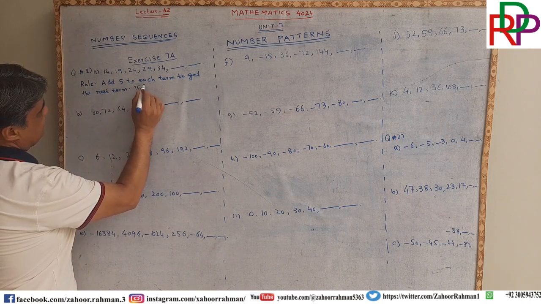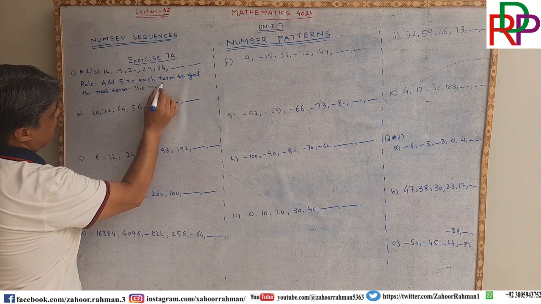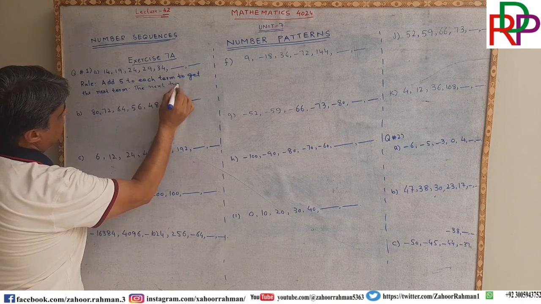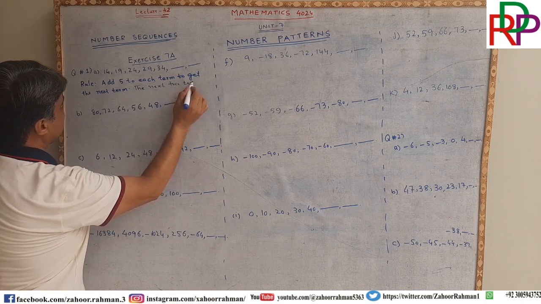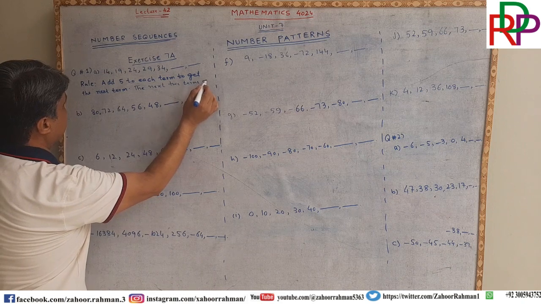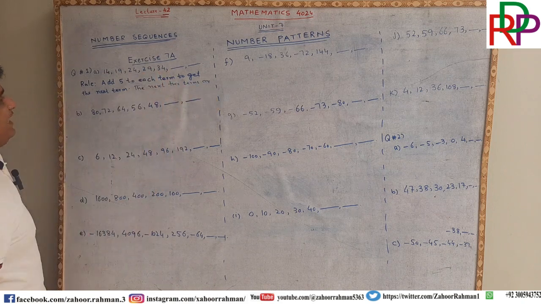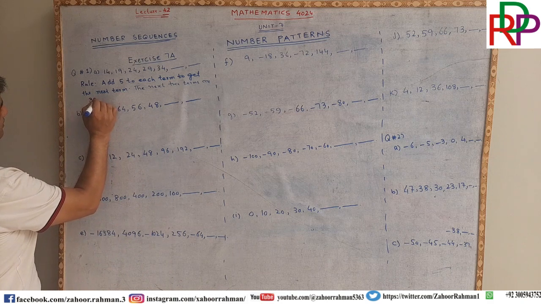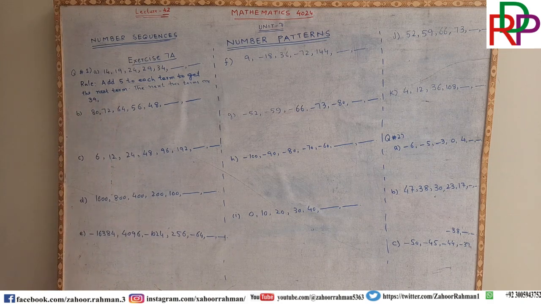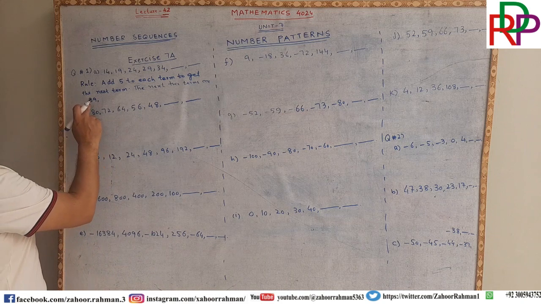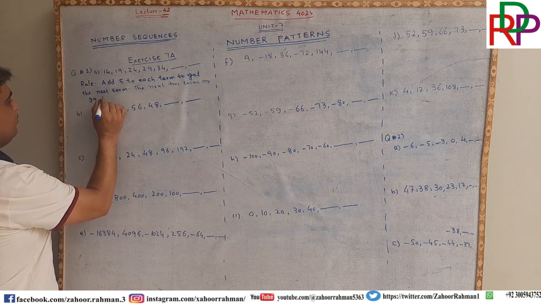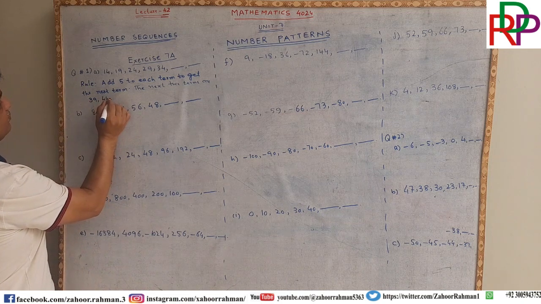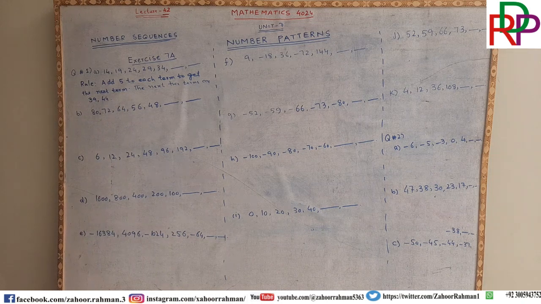And the question also asks us to write the next two terms. When we add 5 to 34, it will be 39. And if we add 5 to 39, it will be 44. So this is the answer.